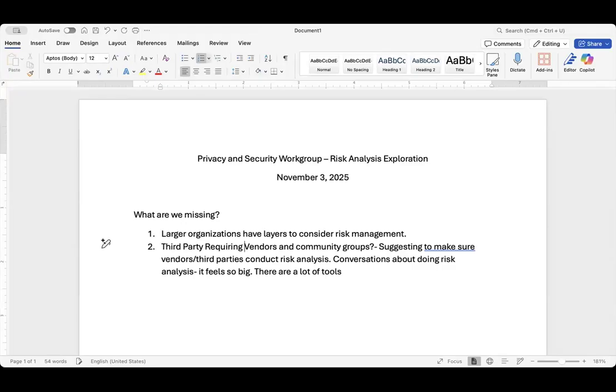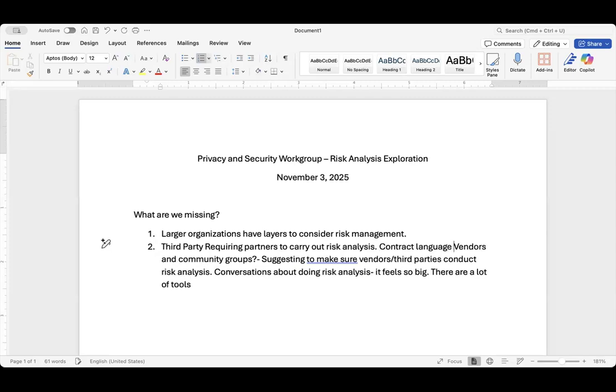So when you contract with your third-party vendor, who ultimately will become a business associate, you need to make sure that the contract language conveys that all the responsibility that organization A has needs to be, quote unquote, transferred to organization B, who is the vendor providing the operational support on behalf of organization A.